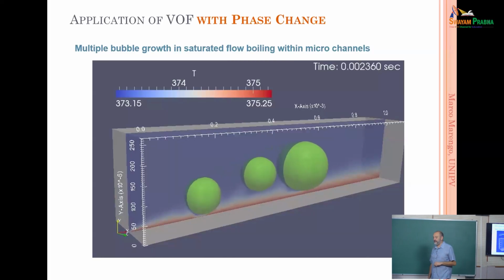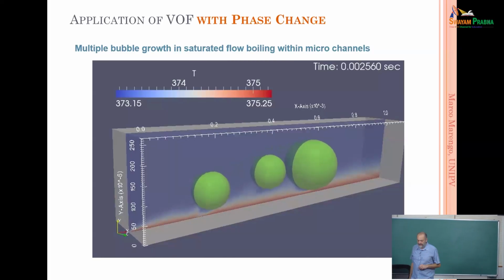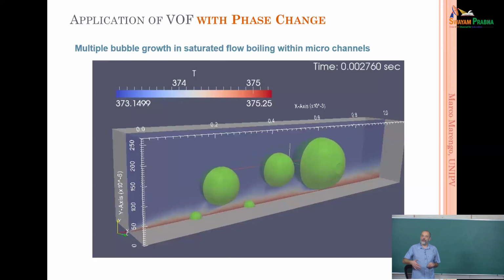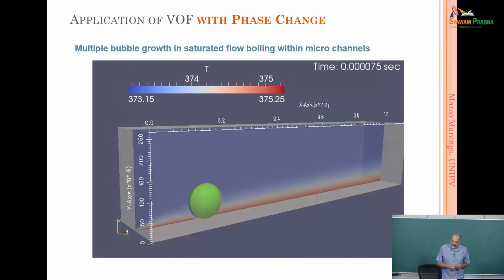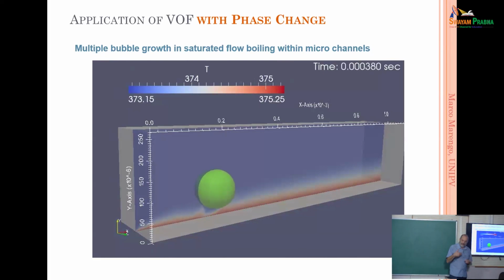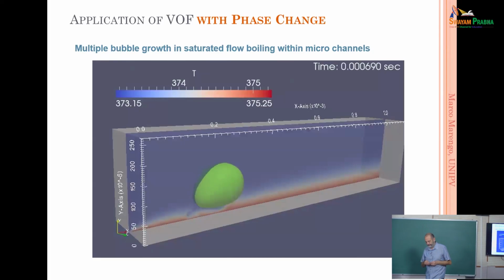So we have the classical generation of a slug flow, with Taylor bubbles inside. What is important in this case, but I don't have time to treat this point, is the contact angle, the wettability, and how to deal with the wettability.